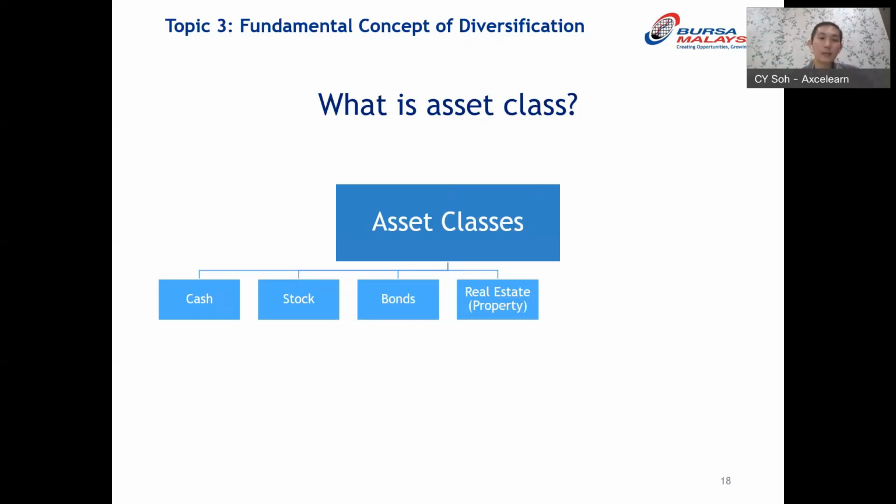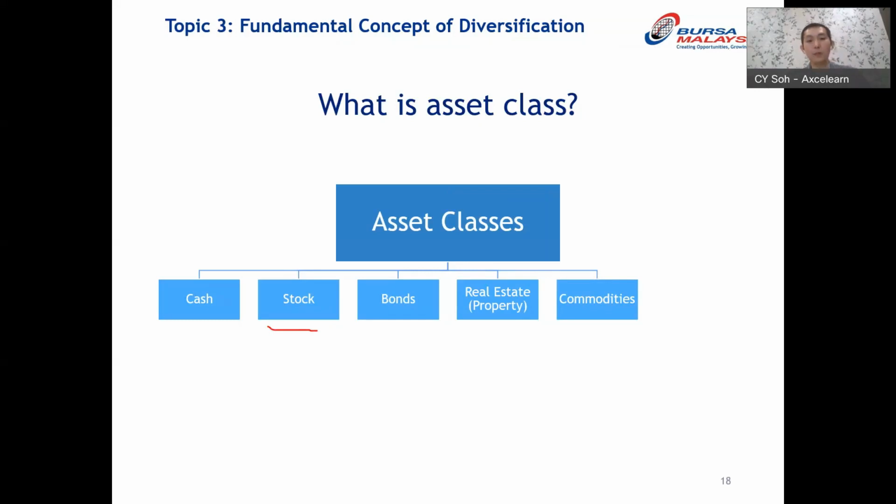How else can you diversify your money? You can diversify into commodities. Earlier I shared that you can invest indirectly or directly into commodities. If you invest indirectly in commodities, you are still considered as under the stock category.